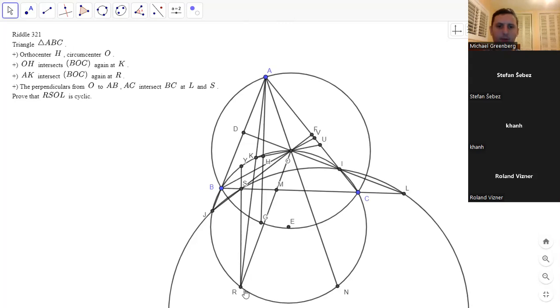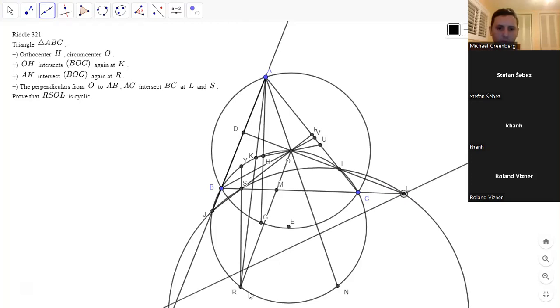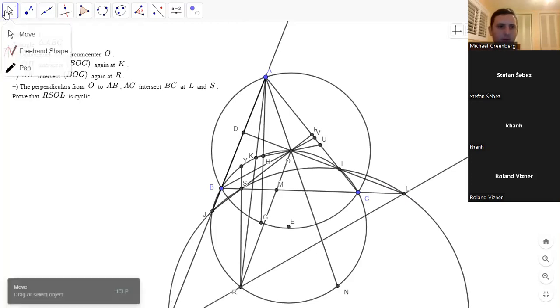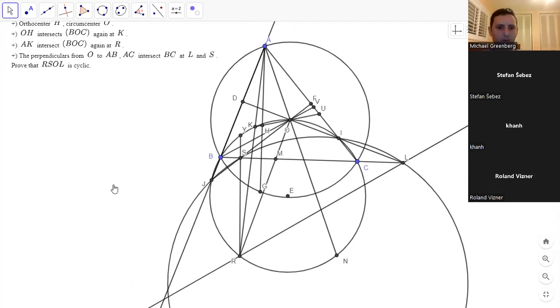Can we show JBR is CLR? I wonder if AJ and RL meet on the circle. Okay, it doesn't look like it.